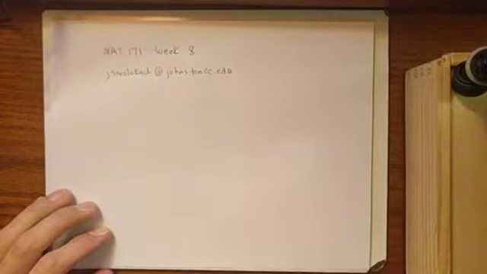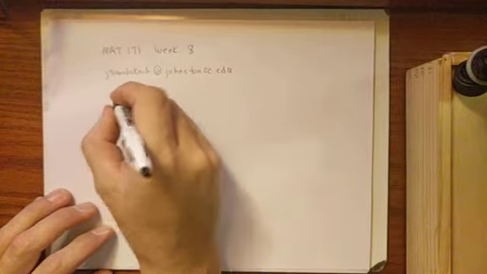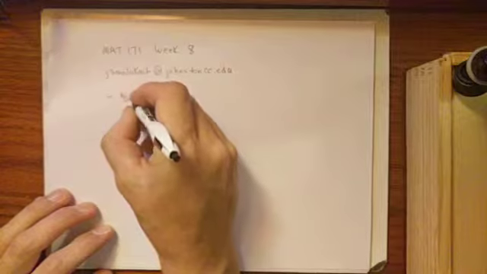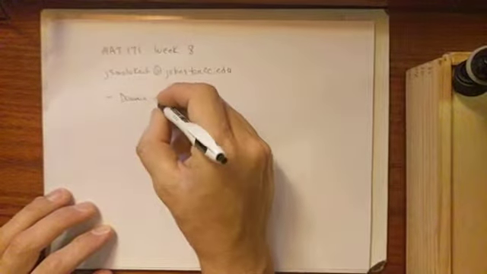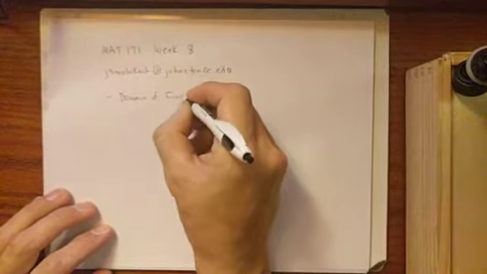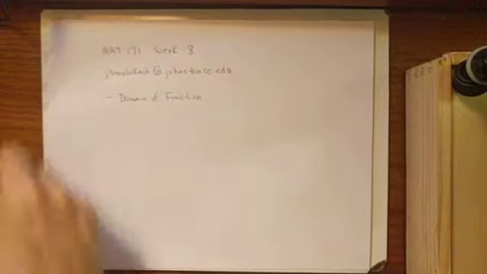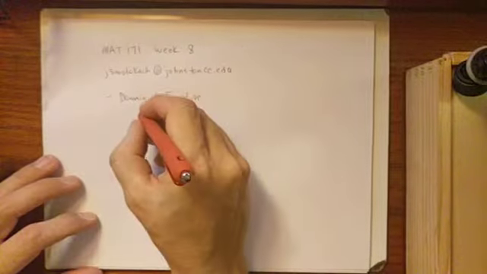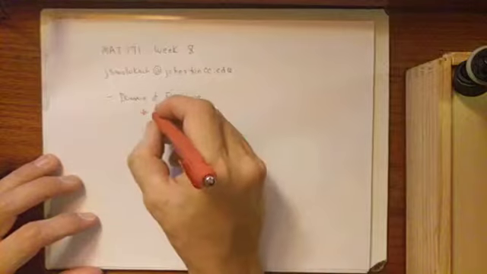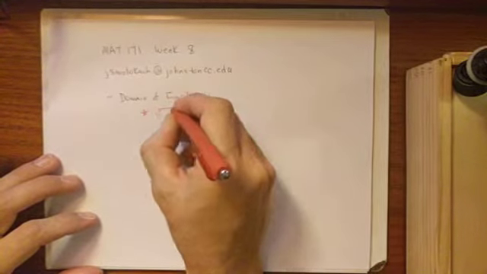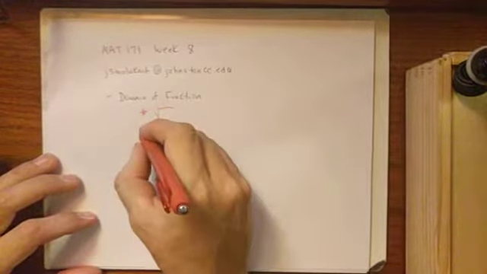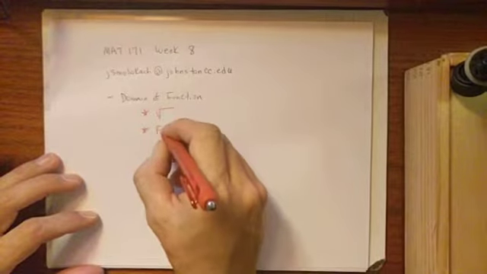So this week what we're talking about in Math 171 is a couple of things. We want to talk about issues with domain of functions. And the two main issues with domain of functions are the square root and the fraction, right?